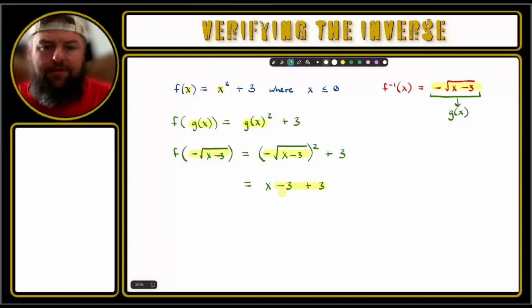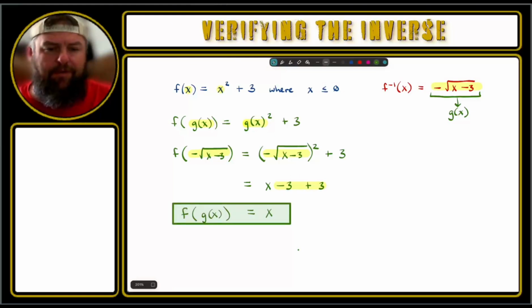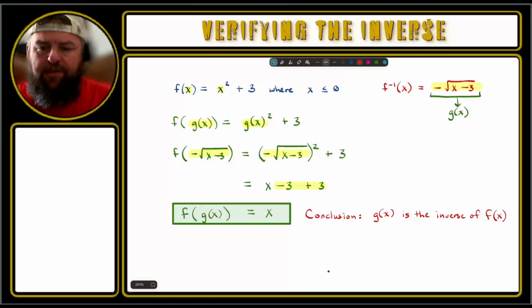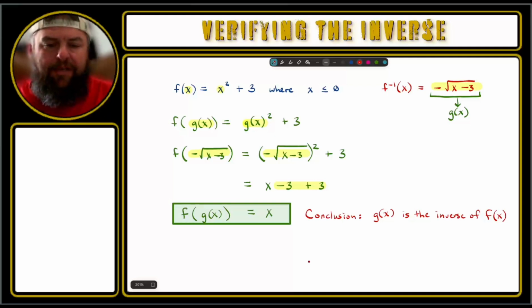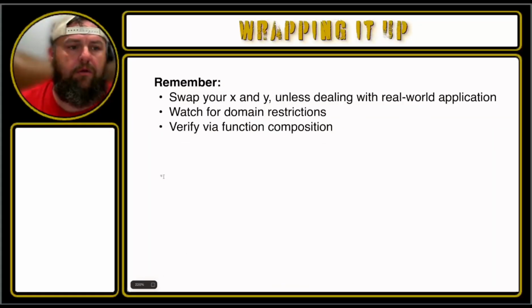Applying the inverse of negative 3 plus 3, we are left with f of g of x equals x. Our conclusion is g of x is the inverse of f of x. And because it is a biconditional statement, that means f of x is also the inverse of g of x.